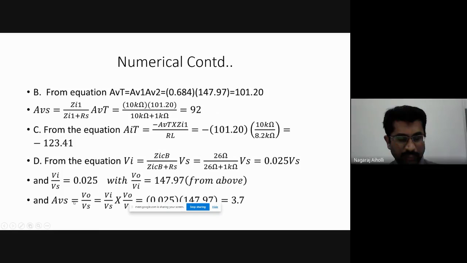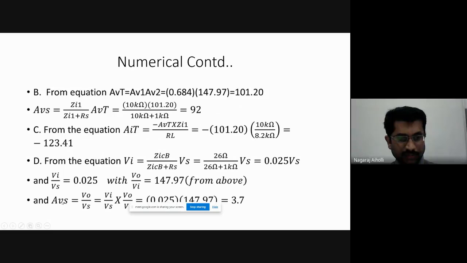Note down this. AVS is equal to V naught by Vs, that is Vi by Vs into V naught by Vi. If Vi cancels, what will remain? V naught by Vs will remain. Yes or no? Now substitute the values. Vi by Vs is 0.025 into V naught by Vi is 147.97. Okay. The answer will be 3.7.